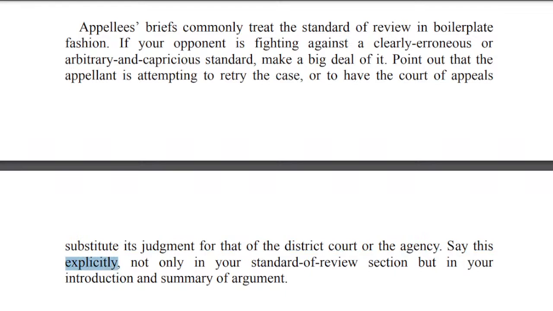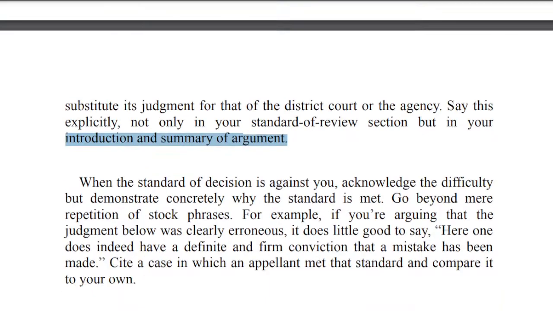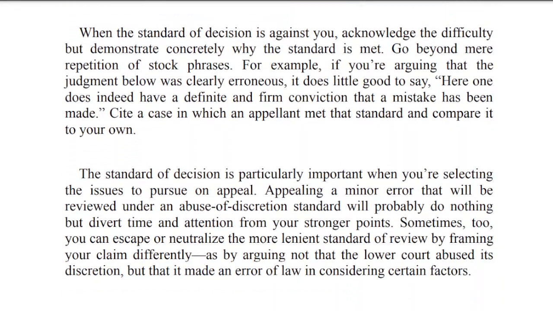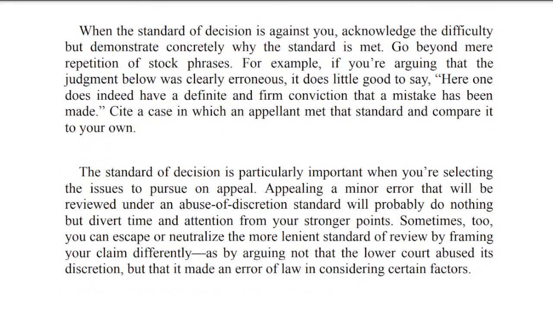Say this explicitly, not only in your standard of review section, but in your introduction and summary of argument. So appellate briefs are a whole different ballgame here. They call it brief, but they're not short. Maybe compared to these characters here, but let's continue.